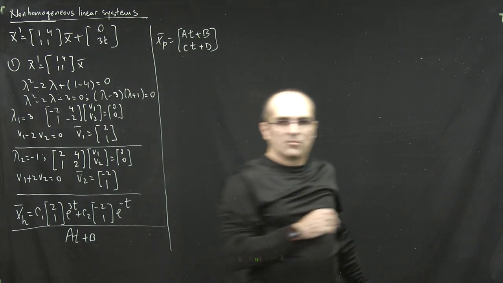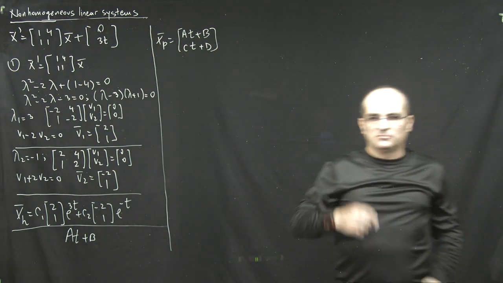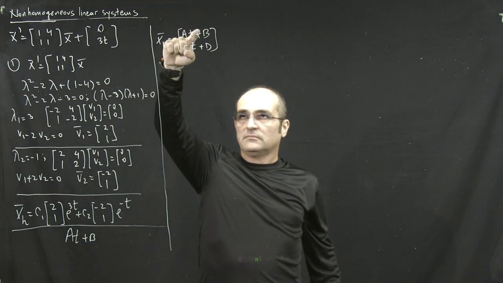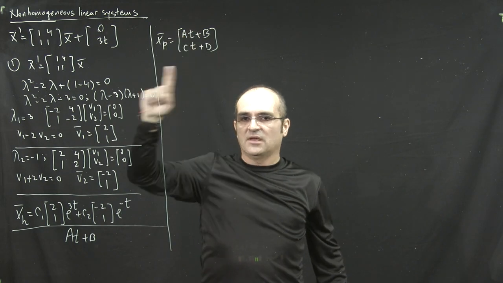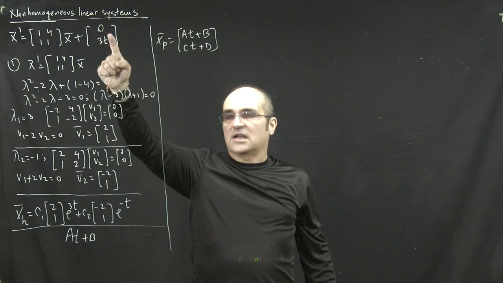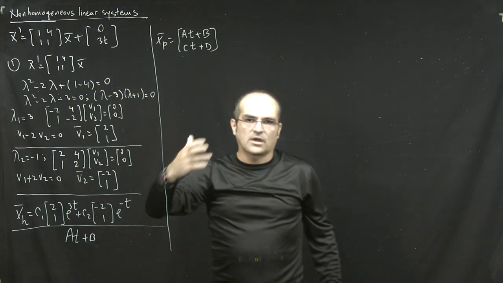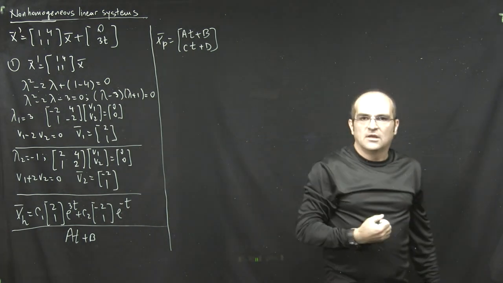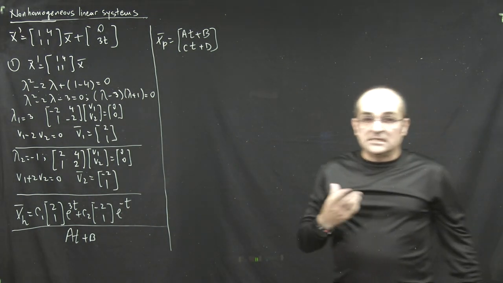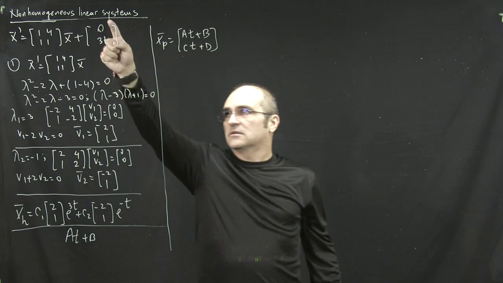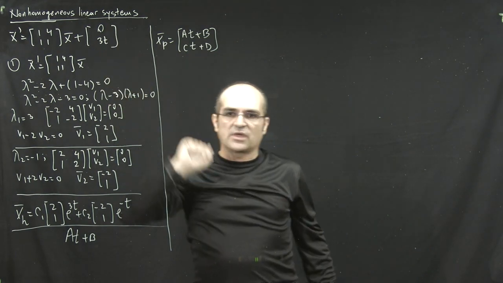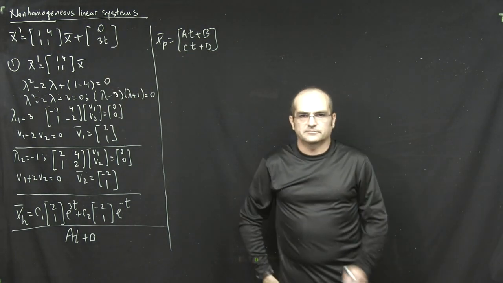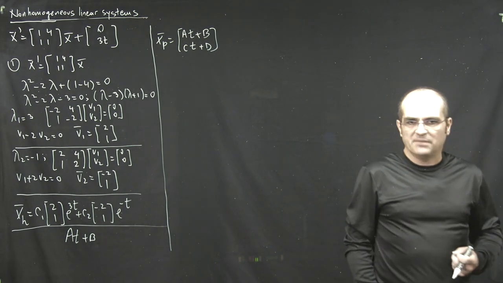for the second component. Well, I can't assume beforehand that the first entry of xp will require just a constant. I cannot assume that beforehand. I need to make it as general as needed, in the sense that it should match both entries of f bar of t. So that's the correct choice of xp.